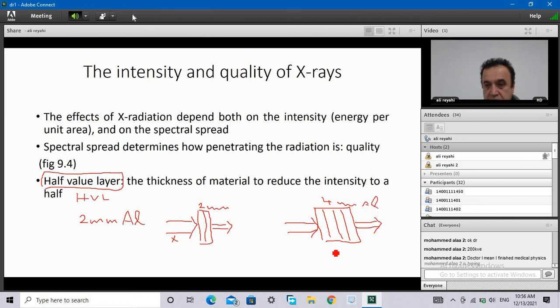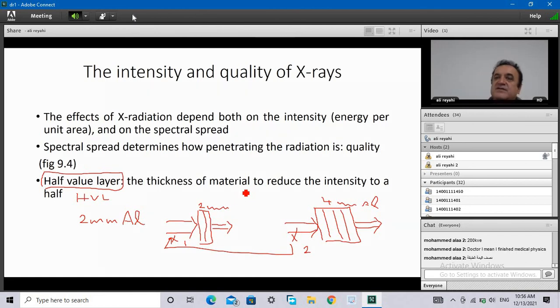So we understand that this X-ray is more powerful than this X-ray. Quality of X-ray 2 is more than X-ray 1. Wow, how do we explain the quality of X-ray? By half value layer, the thickness of material to reduce the intensity to half.